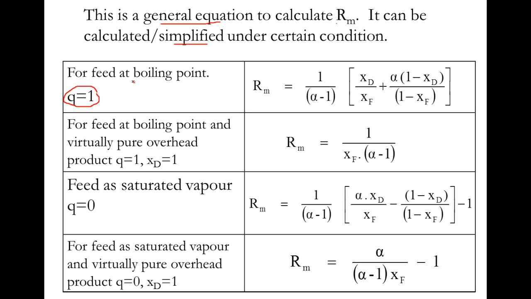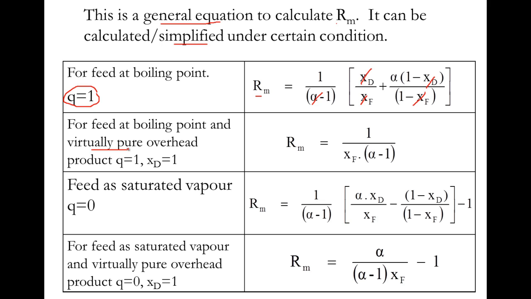When we substitute q as 1, our equation will be simplified in this manner. As we know all these values, it is just a matter of simple calculation to find the minimum reflux ratio for a feed at boiling point and a virtually pure overhead product.